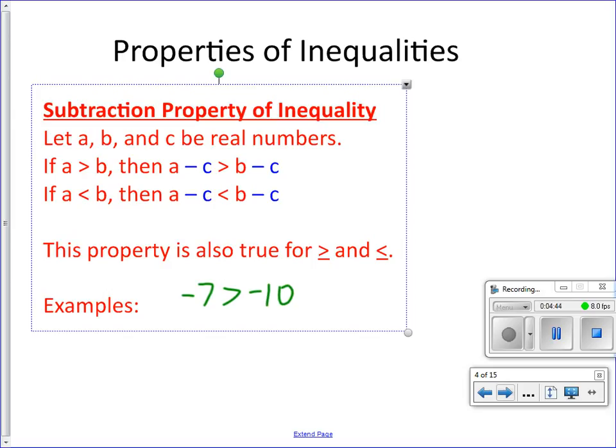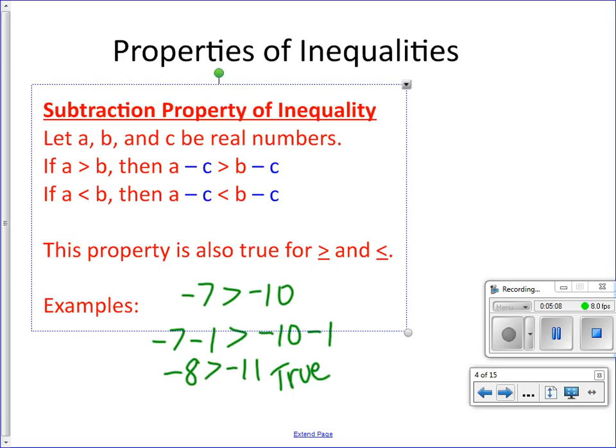We know that is a true statement. Let's subtract 1 from each side. Negative 7 minus 1 is greater than negative 10 minus 1. All right, negative 7 minus 1 is negative 8. Negative 10 minus 1 is negative 11. And you can see that we still have a true statement.